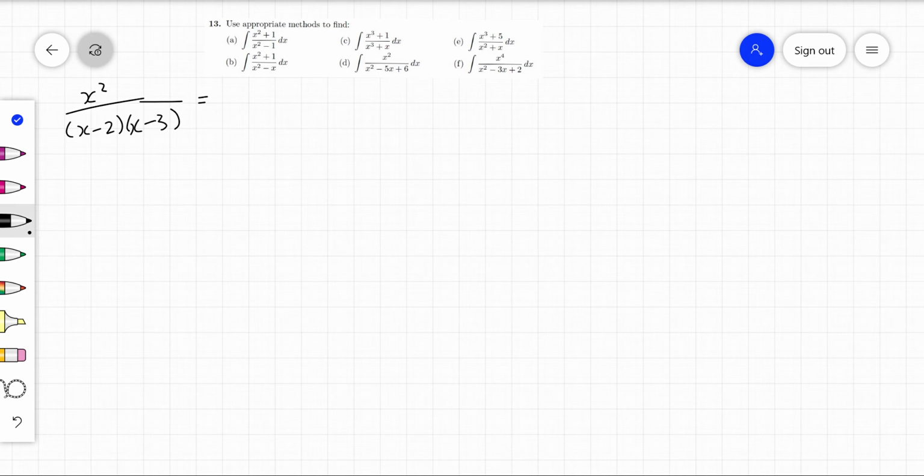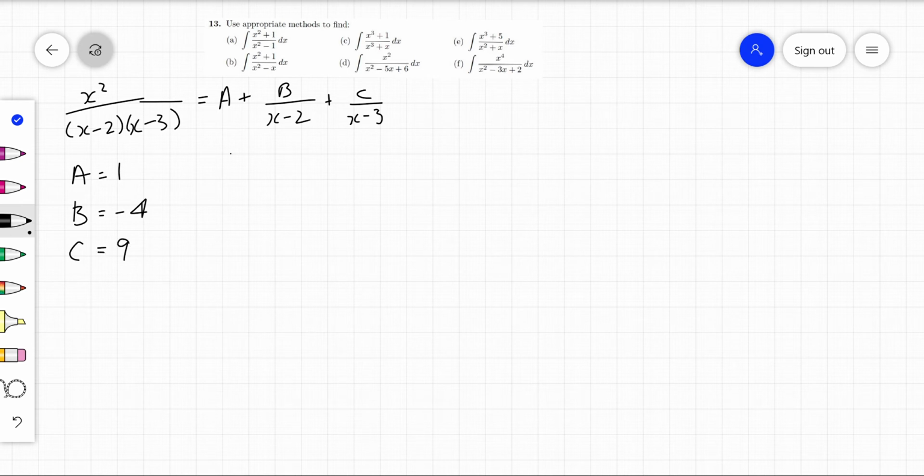Again, you've got x squared on an x squared, so I need the a, then I can just have the b on x minus 2 and the c on x minus 3, and the a will be the coefficient of x squared, which is 1. B will use the cover-up of x minus 2 and sub in 2. C will use the cover-up of x minus 3 and sub in 3.